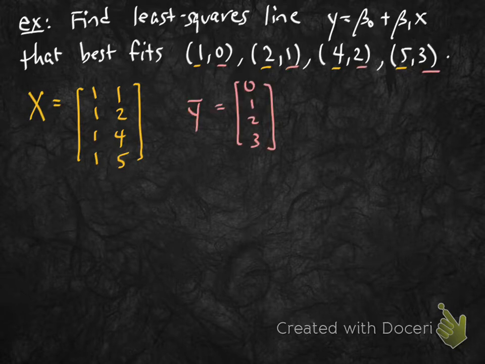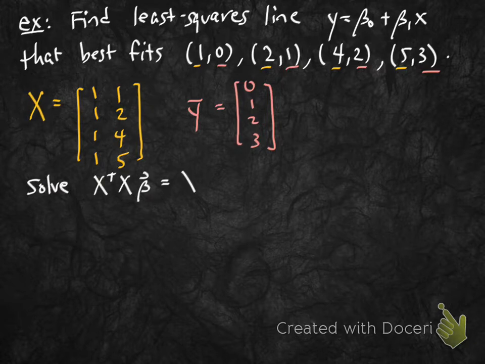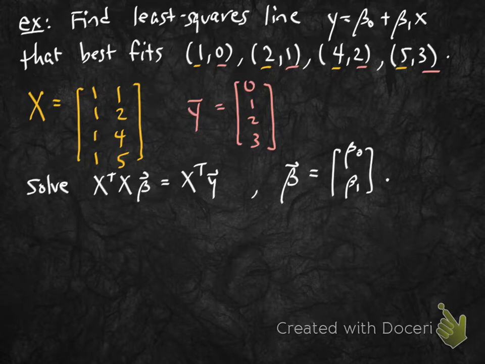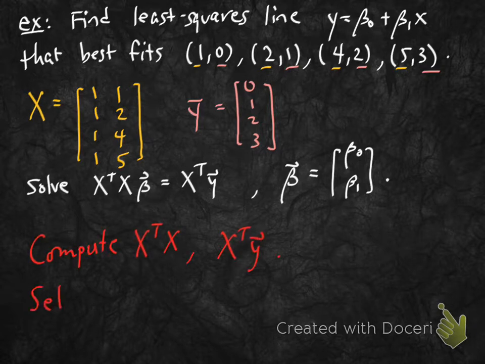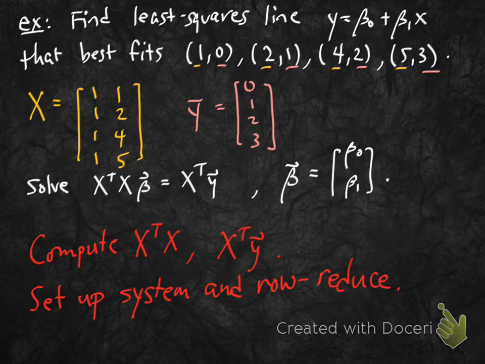We have this observation vector y, given by the y coordinates of the data points, 0, 1, 2, 3. And we're trying to solve the normal equation, X transpose X times beta equals X transpose y. And we're going to solve it for the parameter vector beta. So we compute X transpose X, we compute X transpose y, we set up the linear system, and we row reduce to solve.